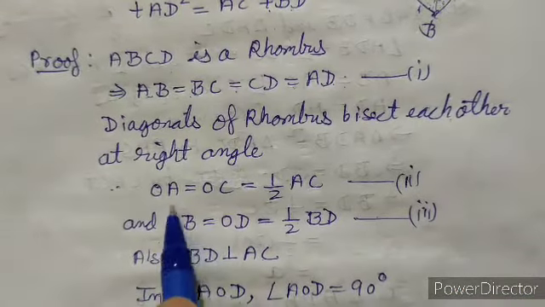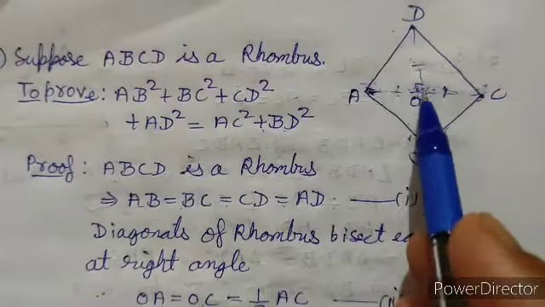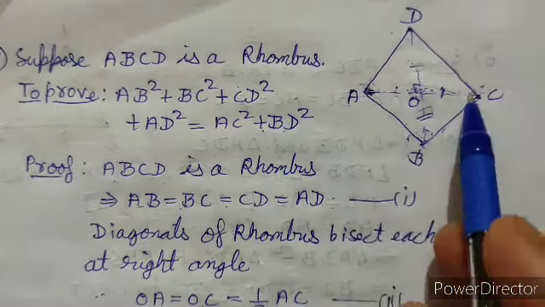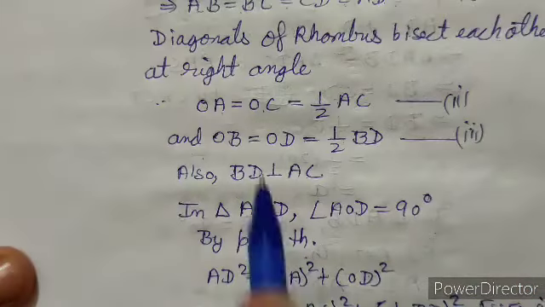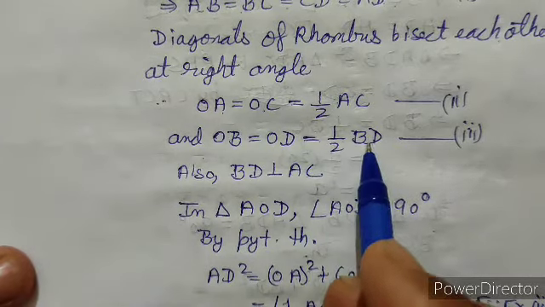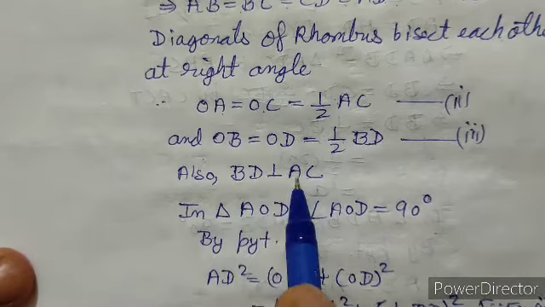Now, OA is equal to OC, and those will be equal to half of AC. Similarly, OB is equal to OD, that is half of BD. Also, BD is perpendicular to AC.